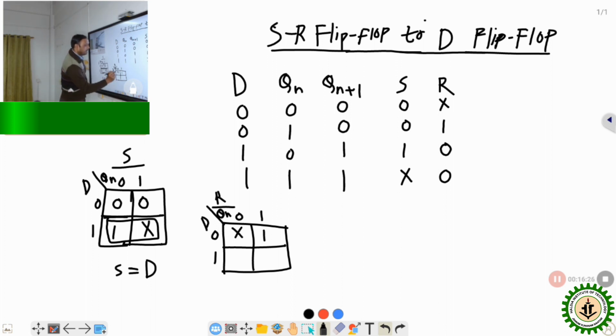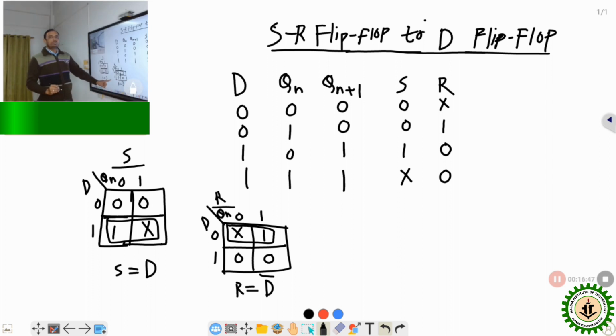Don't care 1 0 0. So we can make this pairing, and the result will be R equals to D bar. So S equals to D and R equals to D bar.